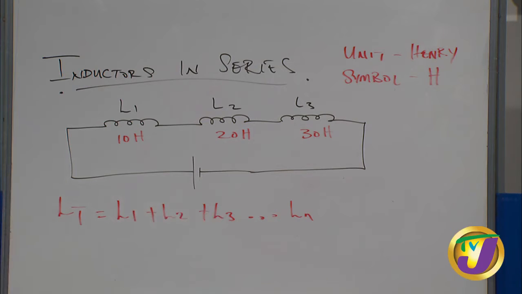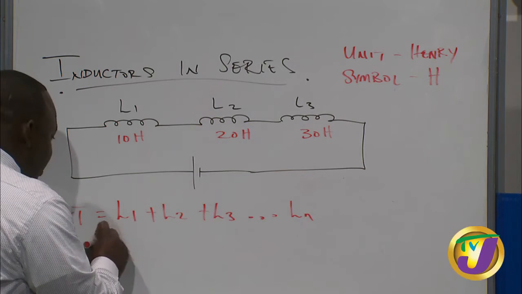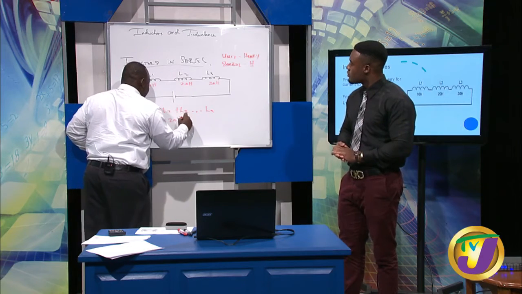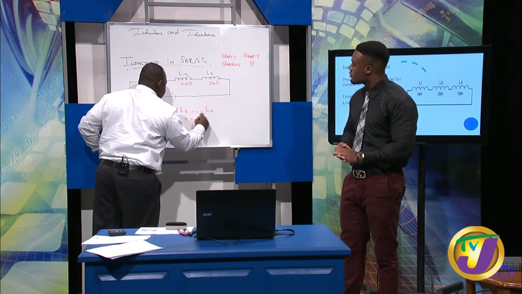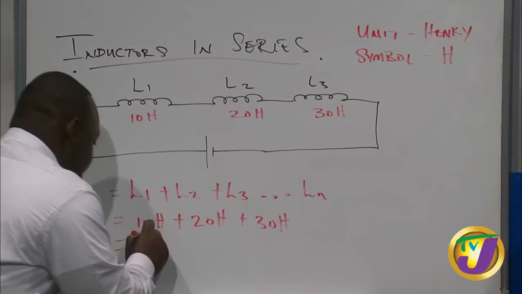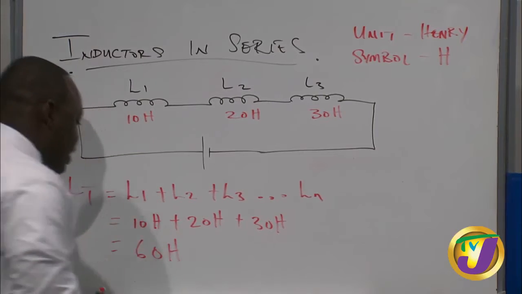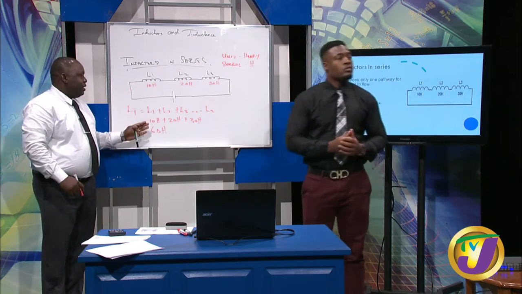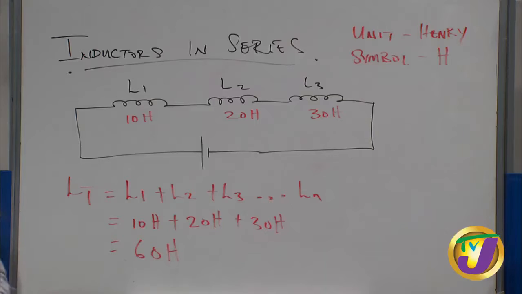It's very important that you start with your formula. And then from there, you're going to have your 10 Henry plus 20 Henry plus 30 Henry. And from doing that, you'll realize that you'd have a total of 60 Henry. So that is how you carry out calculations for inductors connected in series. Brilliant.